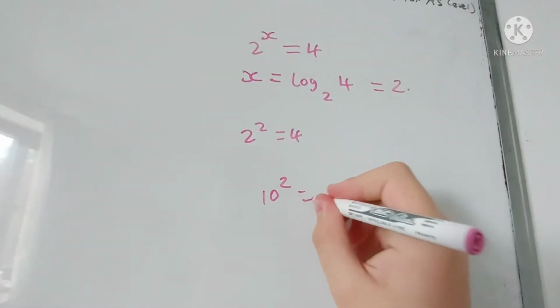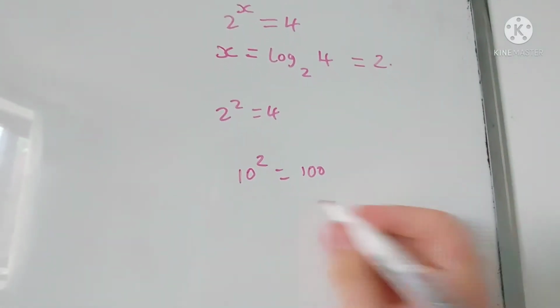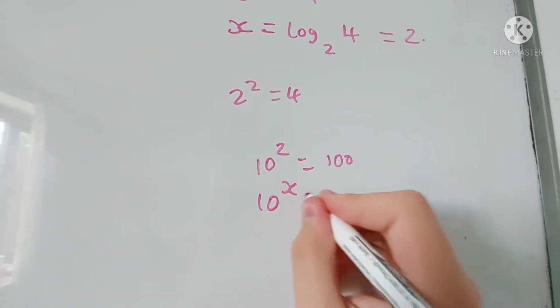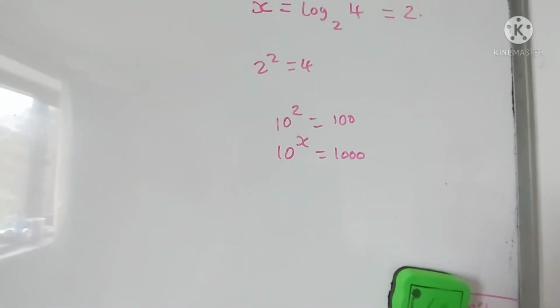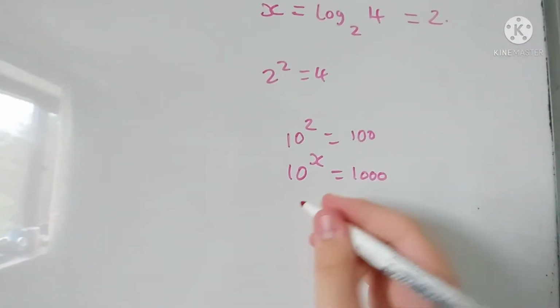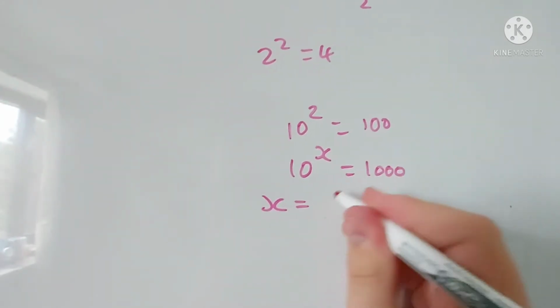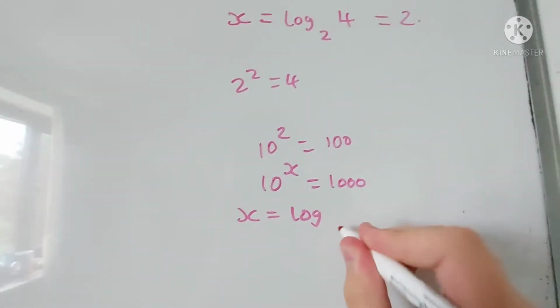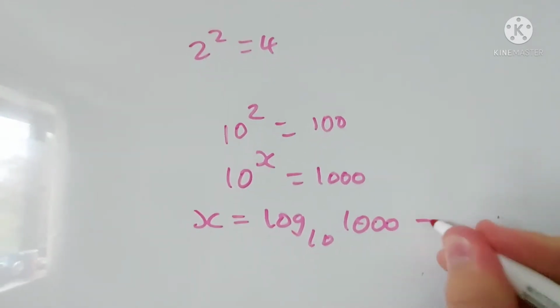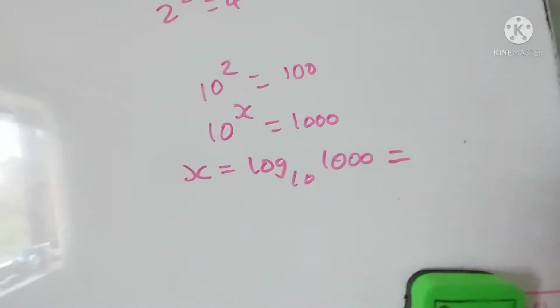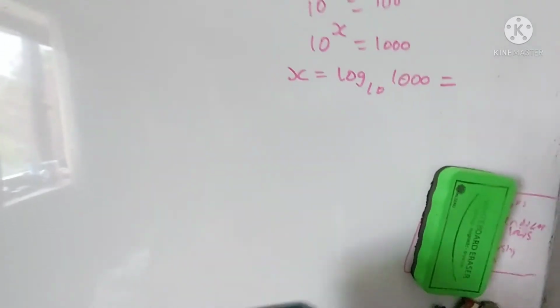This is where the idea is coming from. 10 squared is 100. Yeah? So 10 to the x is equal to 1000. You should know what that is. This x should be 3. But if you wanted to make sure, you could use logarithms. So log base 10 of 1000. You want to do that on your calculator.